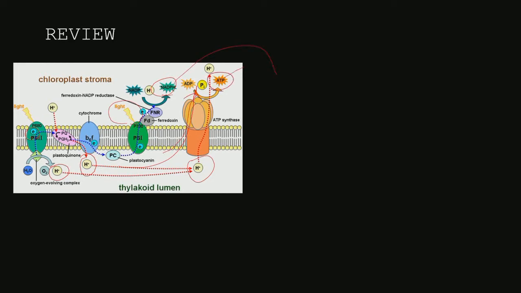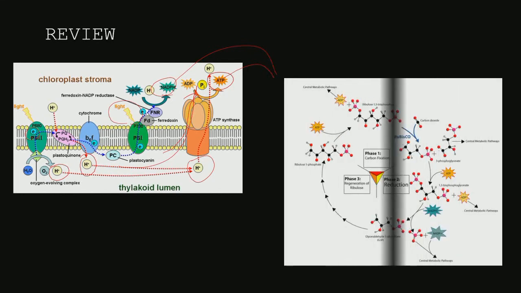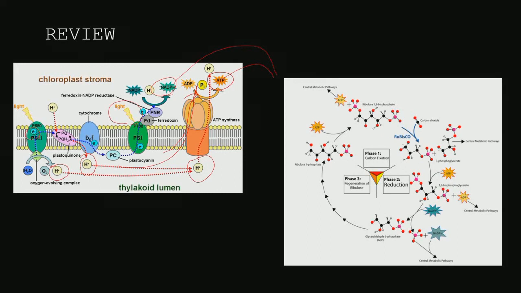Now these two molecules are then sent to the Calvin cycle, where the rest of the reaction occurs. You have this molecule called ribulose 1-phosphate, which is then converted to ribulose 1,5-bisphosphate, and a lot of energy is added in conjunction with carbon dioxide.